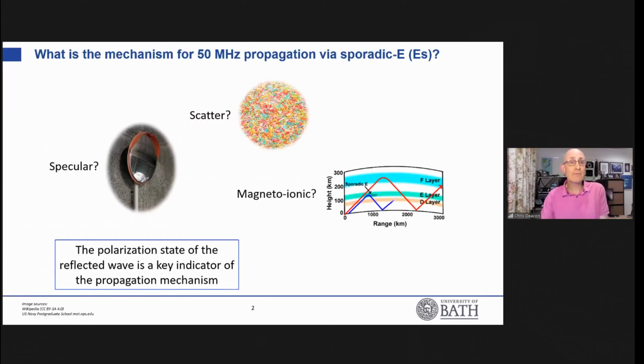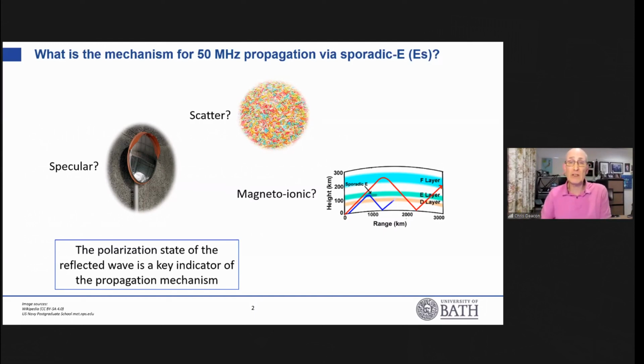So I'm not going to be talking about how sporadic E is formed, when it occurs, or any of the other interesting stuff that I'm sure will be covered on the tutorial tomorrow. A question that's puzzled me for quite a few years is actually what happens when the wave is reflected by the sporadic E. A lot of people will just think of it as being like a mirror.